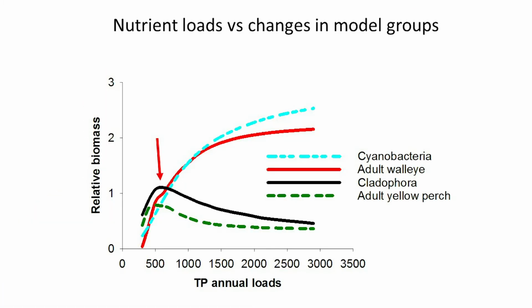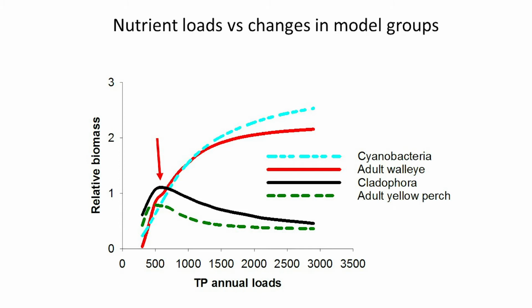And here's the types of results that we get out from such a model. Shown are four taxa of interest to stakeholders. Cyanobacteria, shown in the dotted blue line, is a blue-green algae known to cause harmful algal blooms.